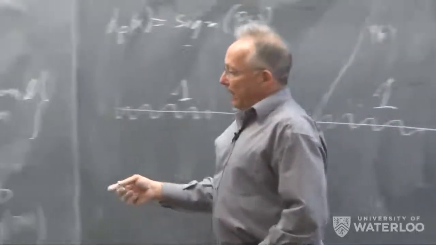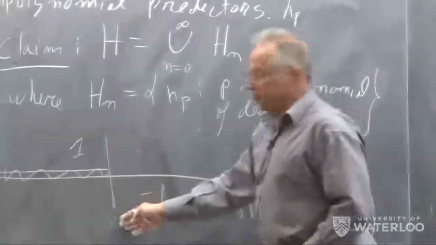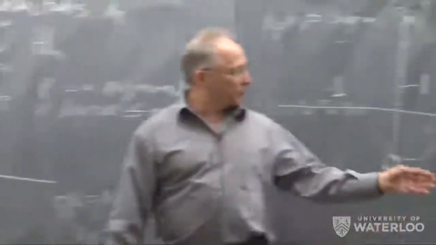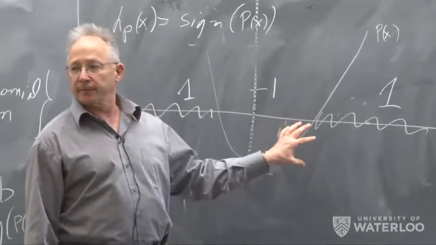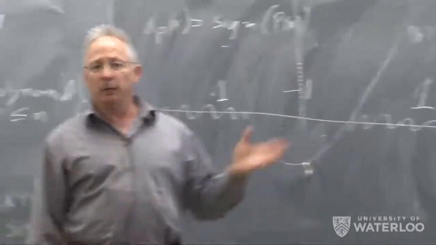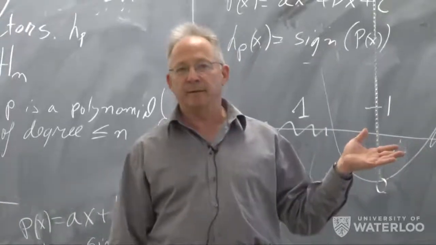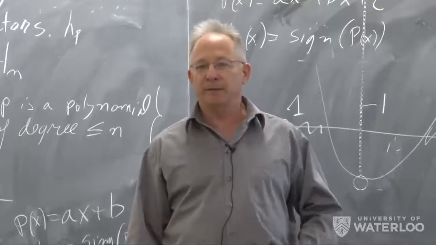So H1 gives me just threshold functions. H2 gives me all intervals and complements of intervals. What will I get from H3? How will it look?